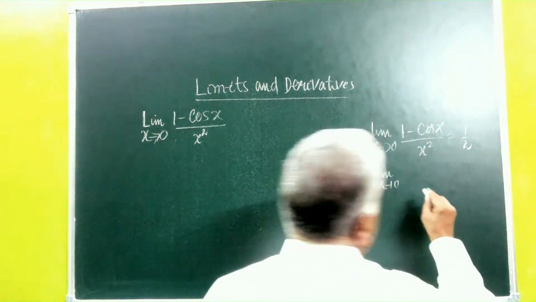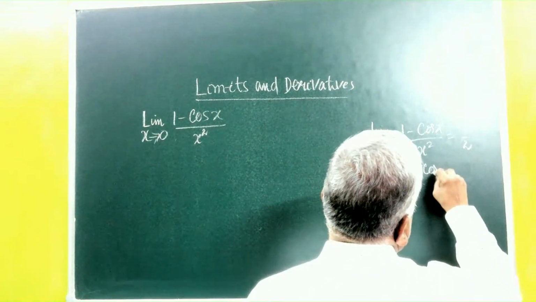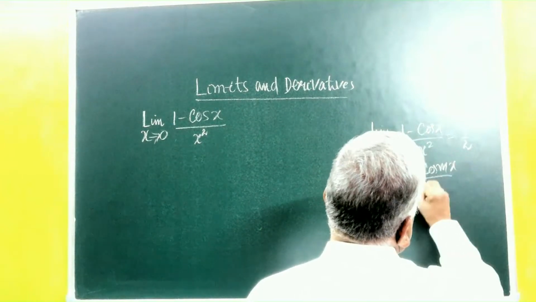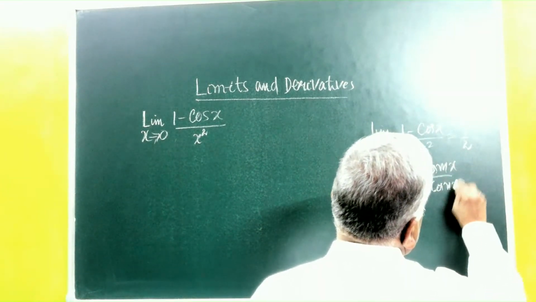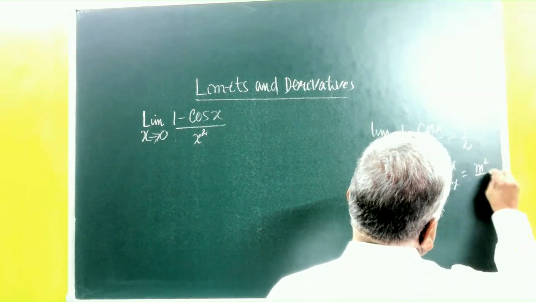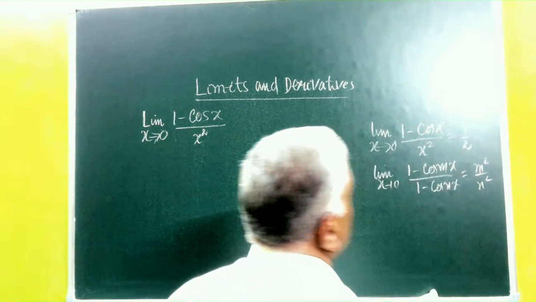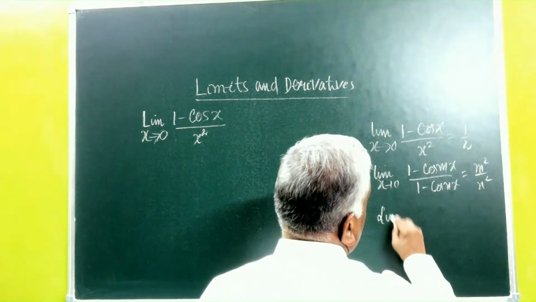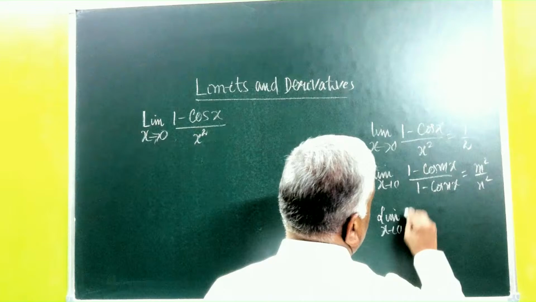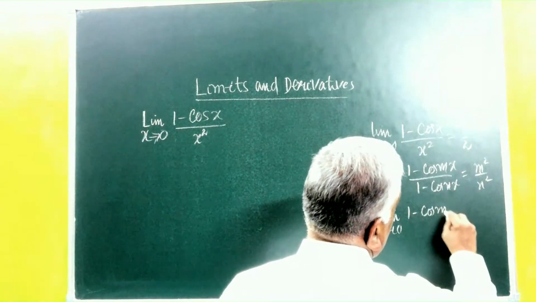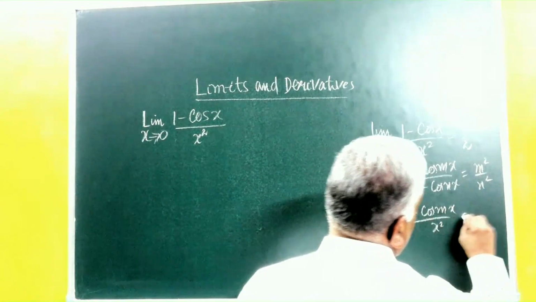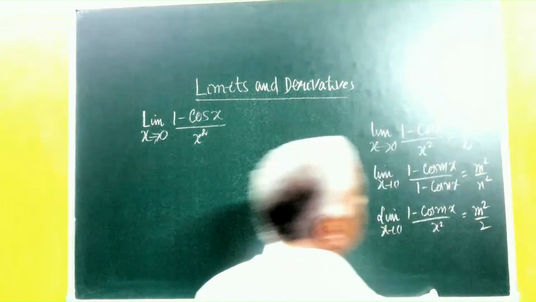Limit x tends to 0, 1 minus cos mx by 1 minus cos nx is m square by n square, or just limit x tends to 0, 1 minus cos mx by x square is m square by 2.